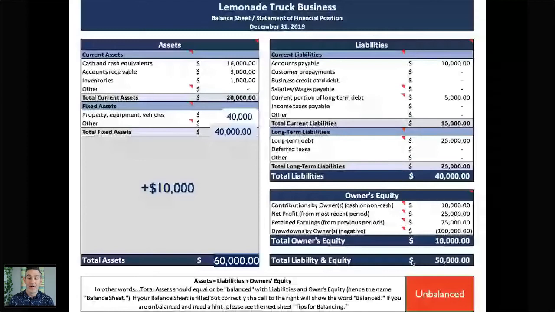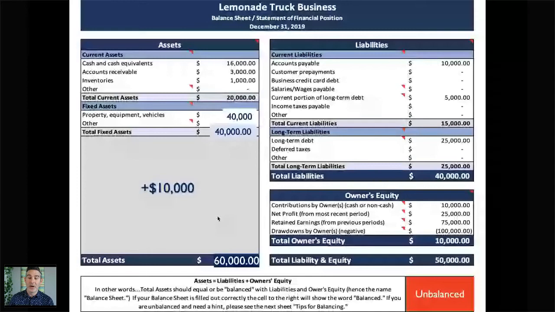Okay, there's any number of ways to fix this, and the way to fix it is to ask, how did I acquire that item? Let's say, just for an example, that you as the owner bought that piece of equipment out of your own money and contributed it to the business.